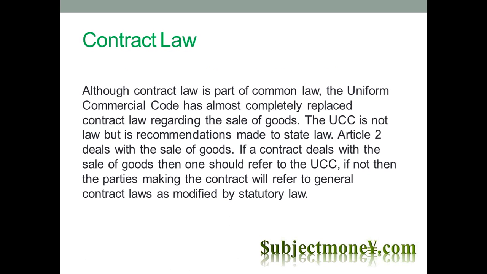The UCC is not law, but is recommendations made to state law. Article 2 of the UCC deals with the sale of goods. If a contract deals with the sale of goods, then one should refer to the UCC. If not, then the parties making the contract will refer to general contract laws as modified by statutory law.